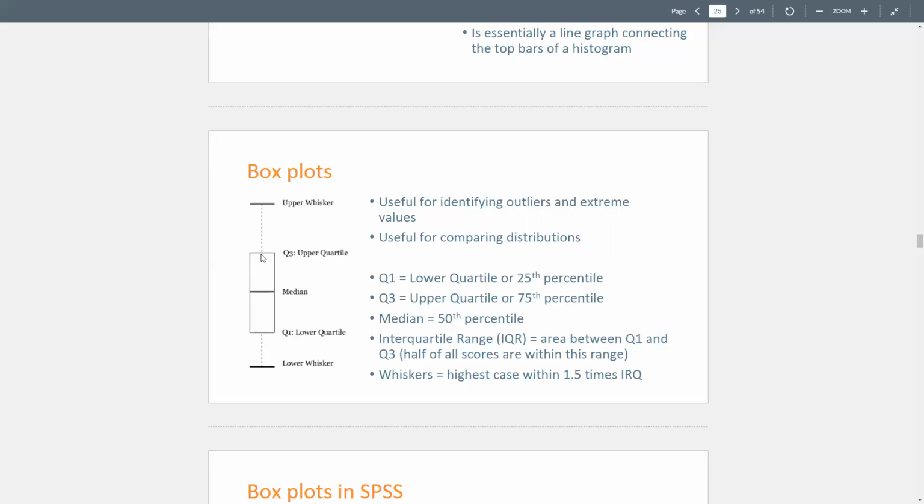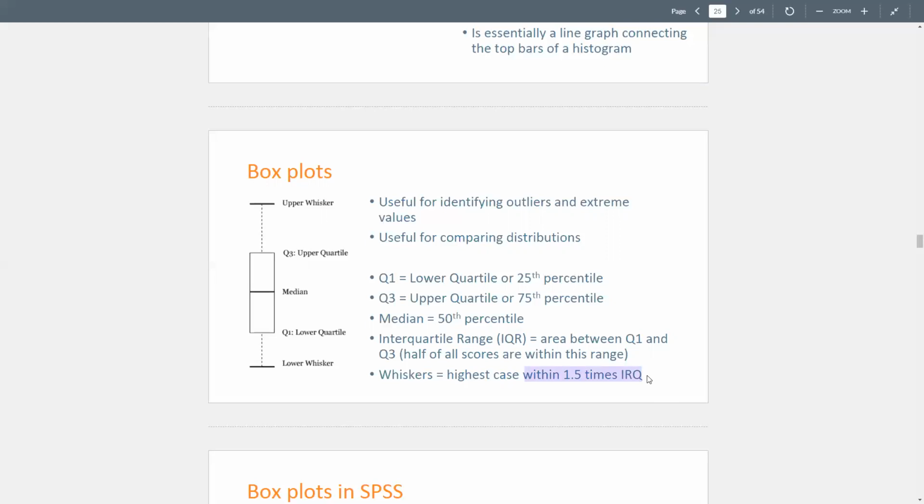A lot of times, depending on the program, the whiskers represent different things. Some people will set the whiskers out to the minimum and maximum value. Sometimes you'll see the whiskers set out to the 5th percentile and the 95th percentile. Sometimes you'll see the whiskers represent 1.5 times the interquartile range.